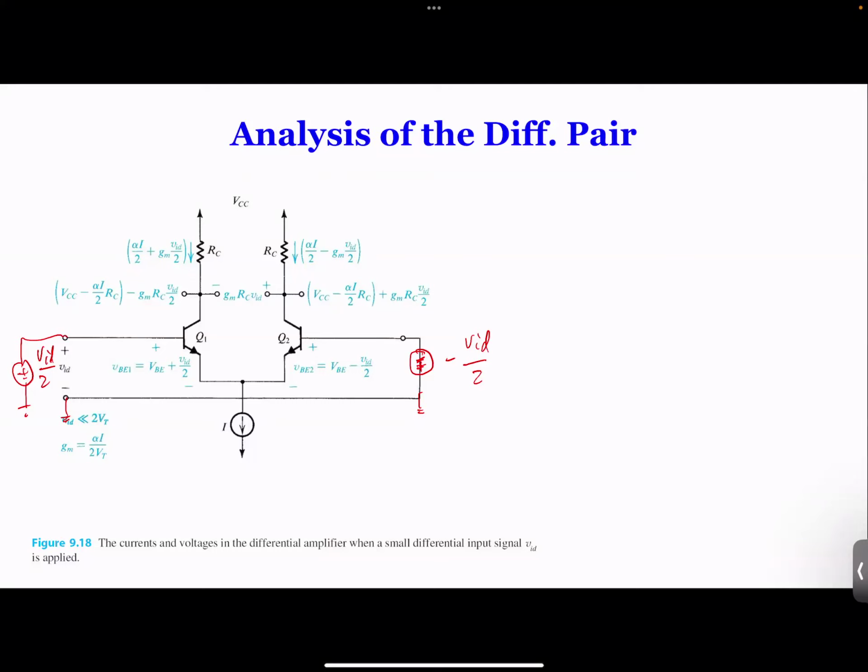So you would naturally know that the current on this side is going to be a little bit more than the current flowing on the other side. But you're still asking, how much is the difference? How do I calculate this?